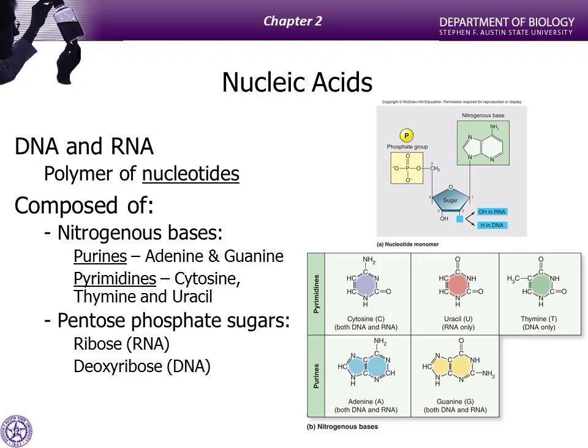Now, in addition to information, you know I like to teach you ways to remember the stuff, right? So when you look at our different bases, you have 3 of them that are one ring and 2 that are double rings. So these are small compared to the others.